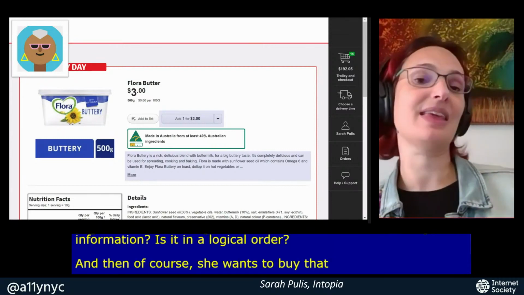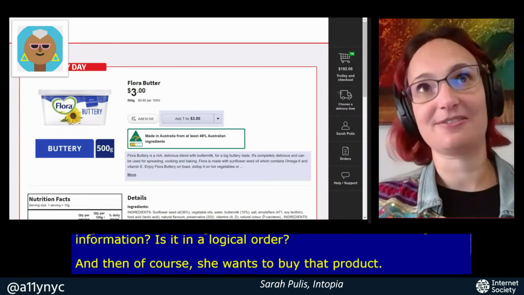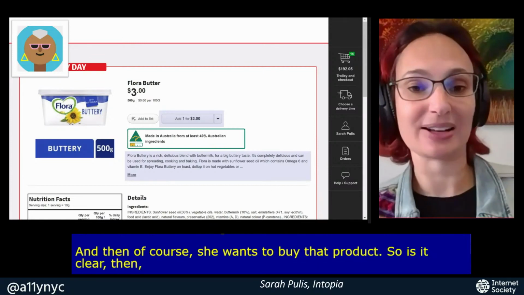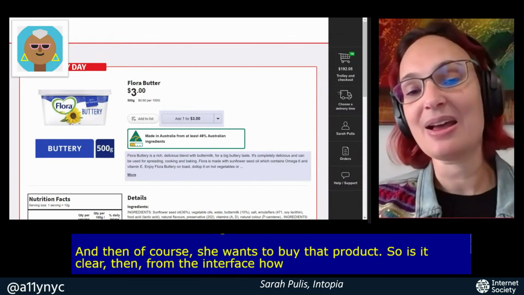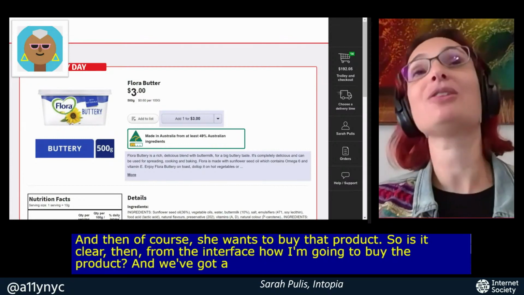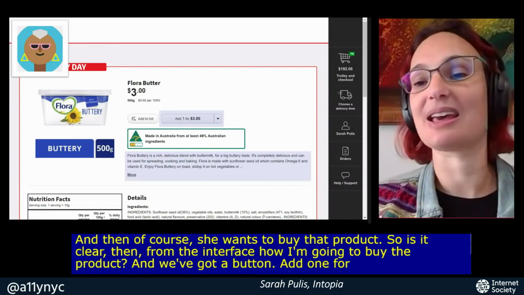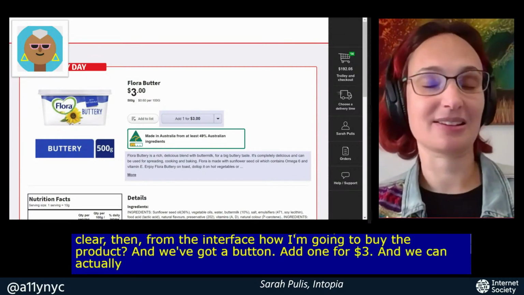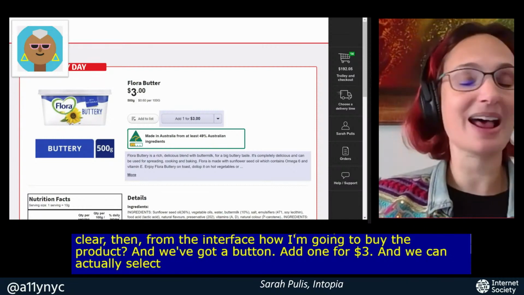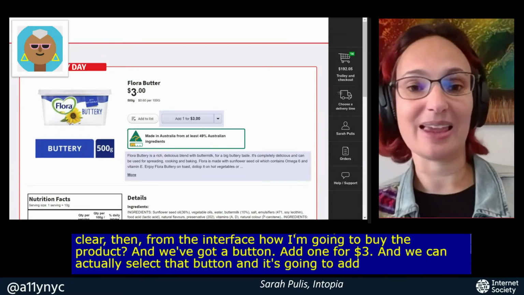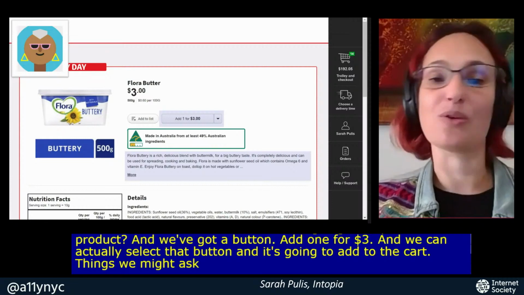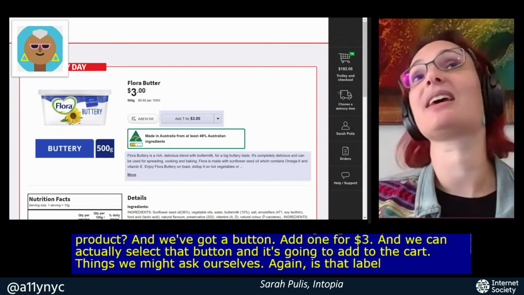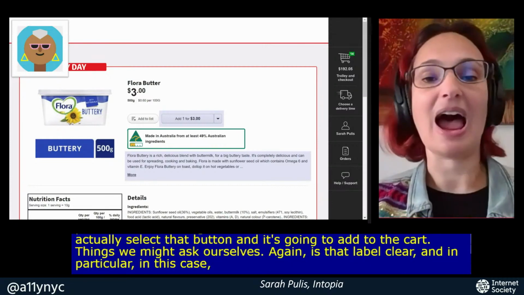So is it clear then from the interface how I'm going to buy the product? And we've got a button, add one for $3. We can actually select that button and it's going to add to the cart. But things we might ask ourselves, again, is that label clear and in particular in this case, is it clear for screen reader users?